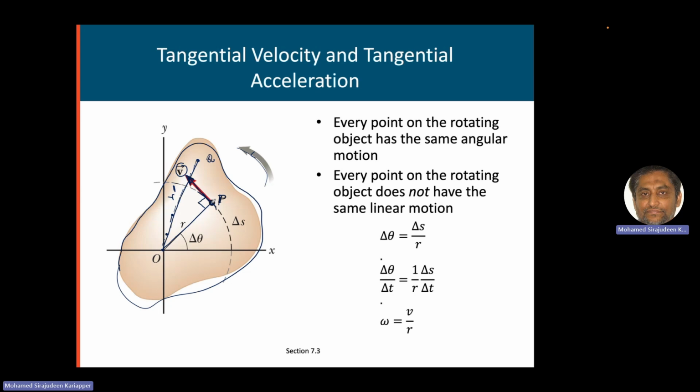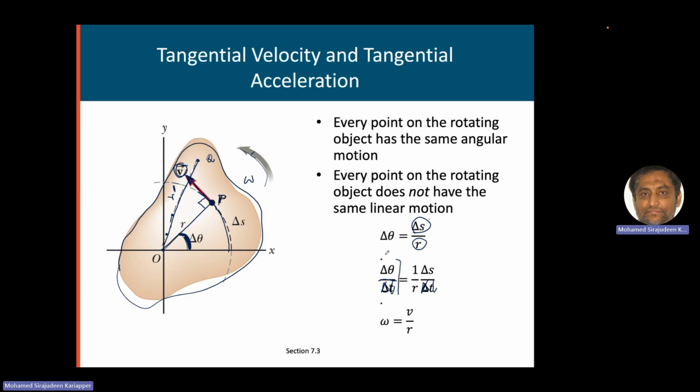Now we can get a relationship between this tangential velocity, or the linear velocity of this point, and the omega of the whole object. How? We will start with the definition of theta. Theta in radian is equal to the arc length divided by the radius. That is how we define the delta theta in radian. Let us divide both sides by delta t. If you have an equation and you do the same operation on both sides, we are not changing the equation.